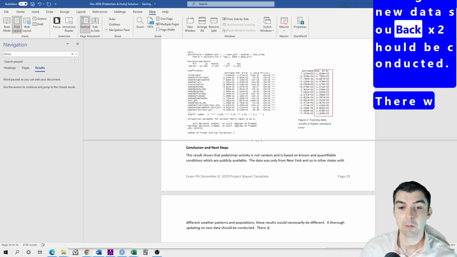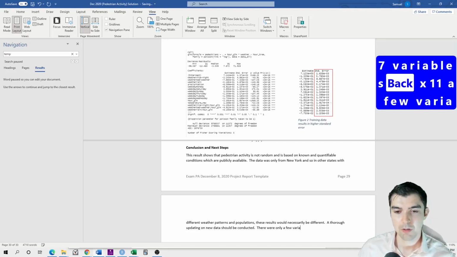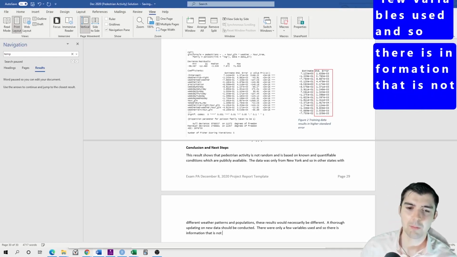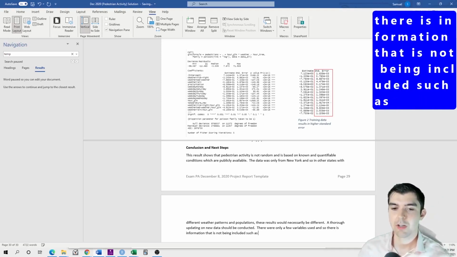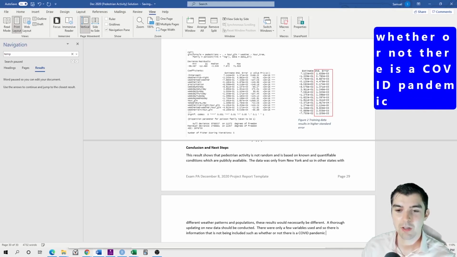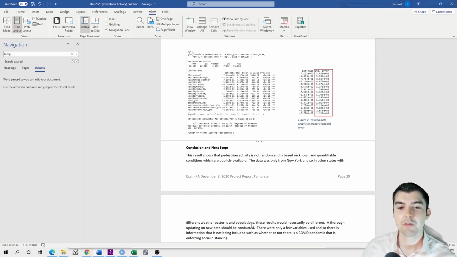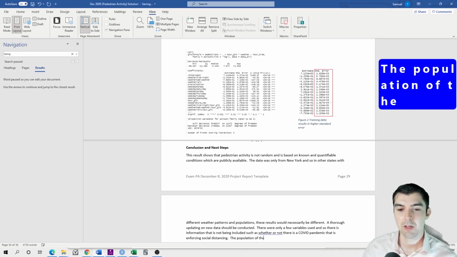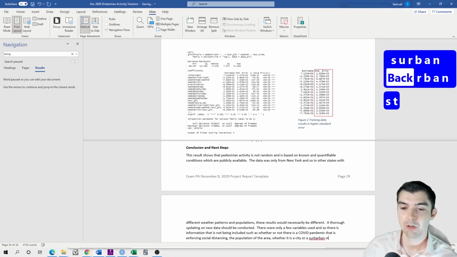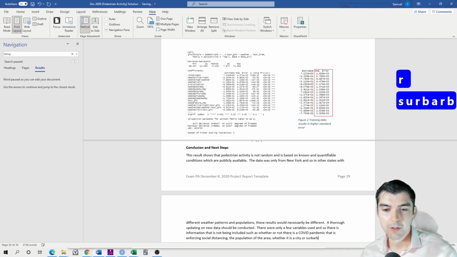Also think about, there were only 7 variables, only a few variables used. And so there is information that is not being included, such as whether or not there is a COVID pandemic that is enforcing social distancing, or the population of the area, whether it is a city or suburban location.